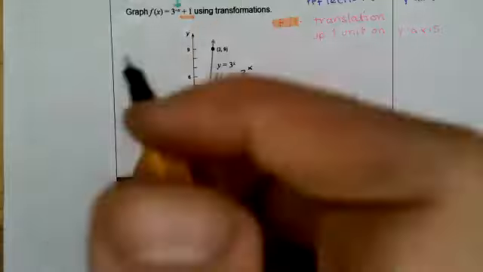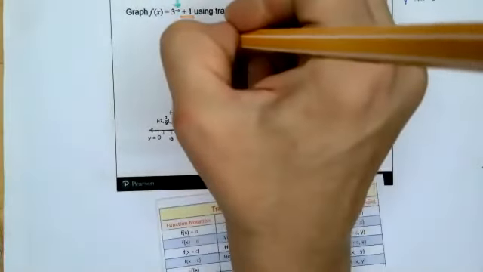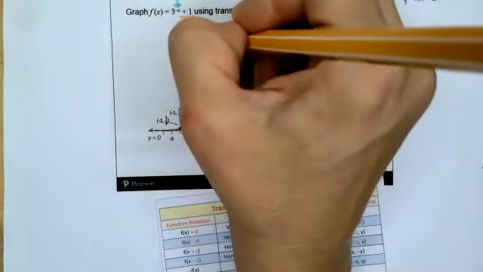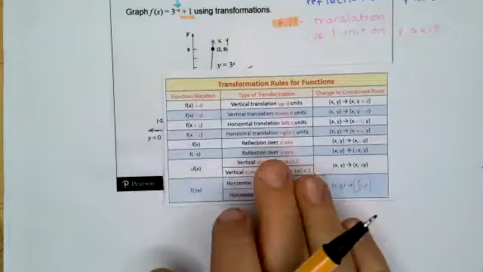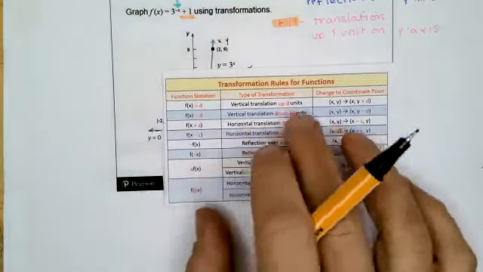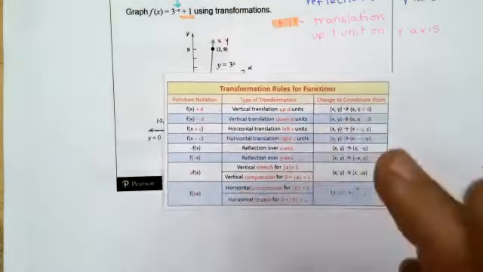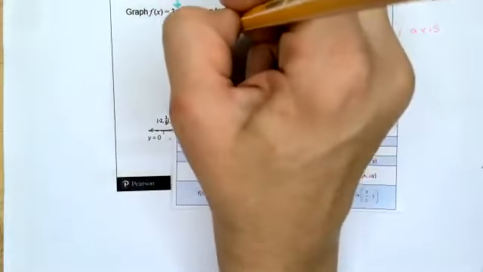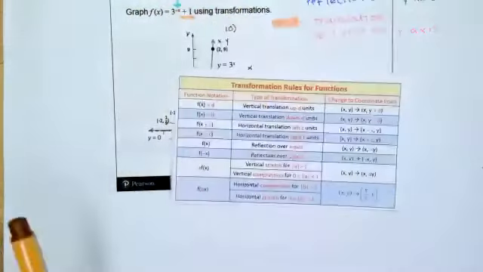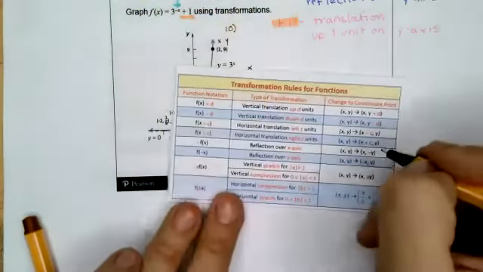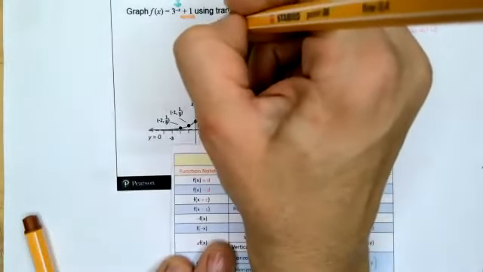So if I have the point 2, 9, 2 is my x, 9 is my y, then I'm adding 1 to 9, it's becoming 10. And I'm making my x negative. So that's a 10, and that's now a -2.